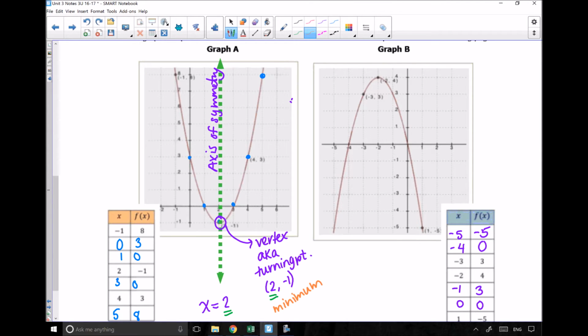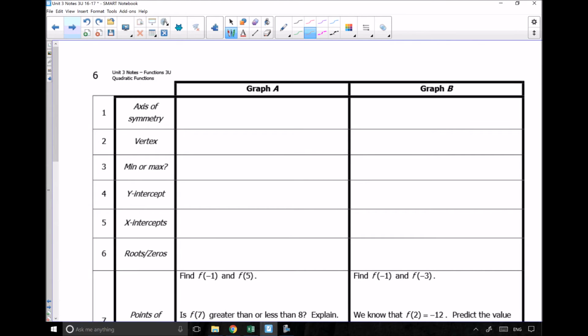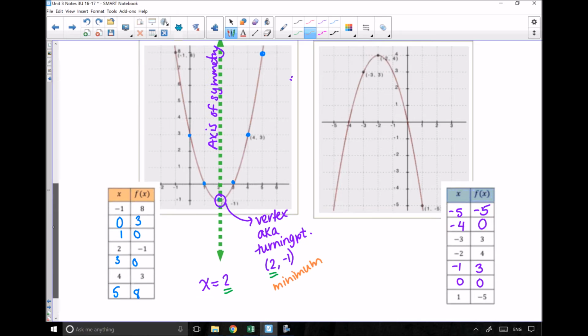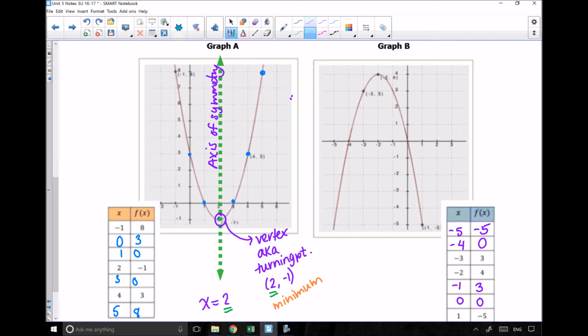Okay, we are also asked to find the y-intercept. So if I were to look at my graph, where does my graph cross the y-axis? I can see that it crosses my y-axis at 0, 3. So 0, 3 is going to be my y-intercept. Then it asks us to find our x-intercepts, and our x-intercepts happen where the graph crosses the x-axis.